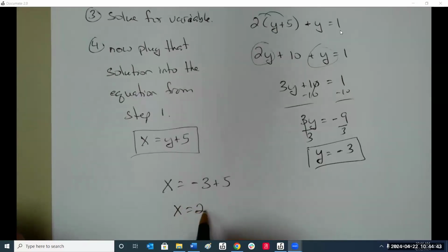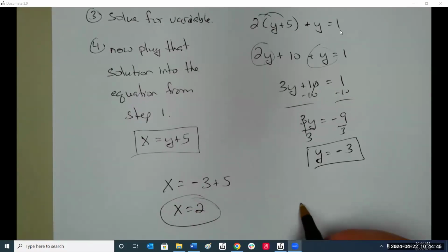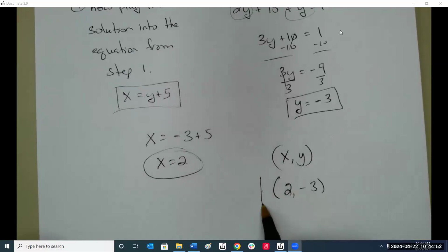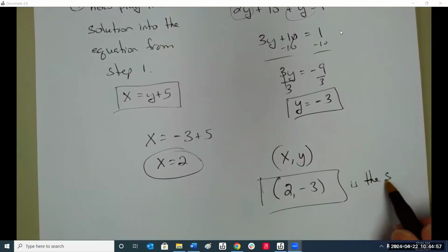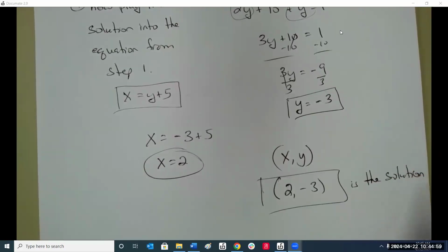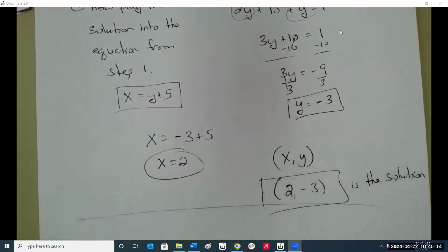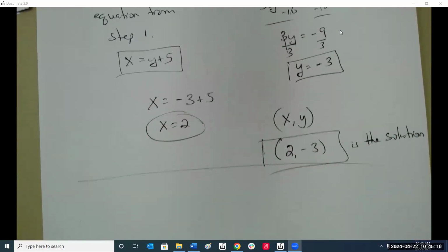So x is equal to 2. The point of intersection is (2, negative 3). It's the solution. So far, so good. We'll do a couple more of these examples, so don't worry about it.